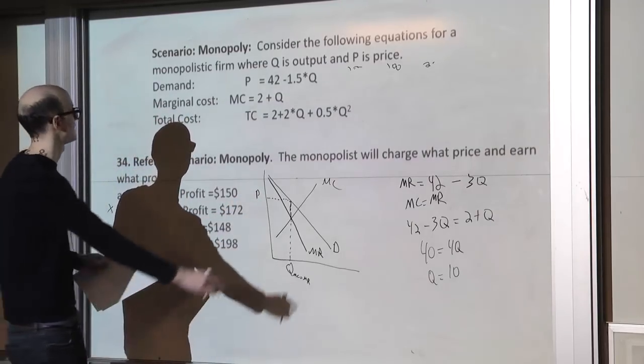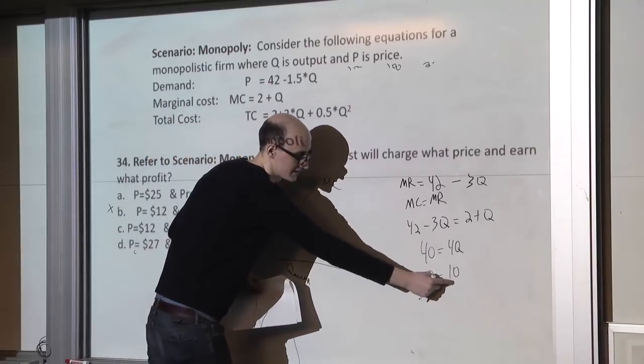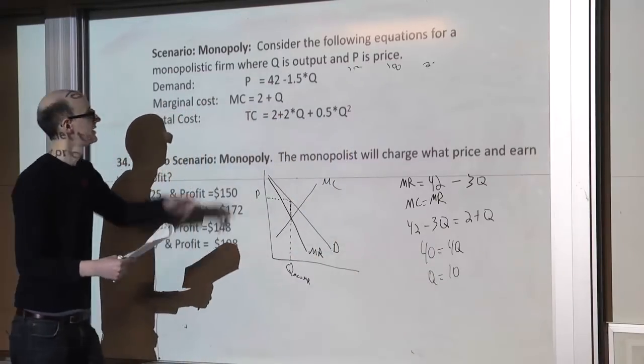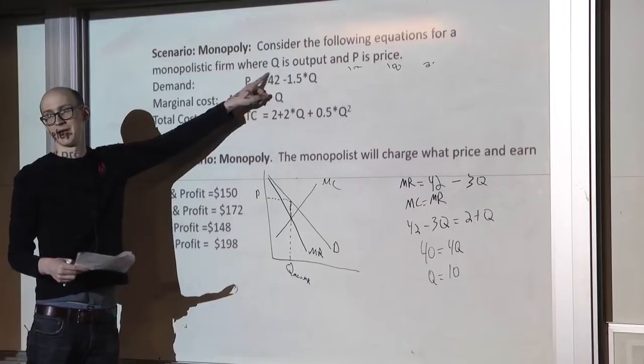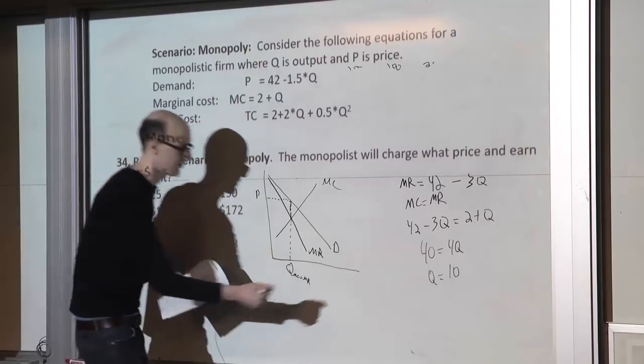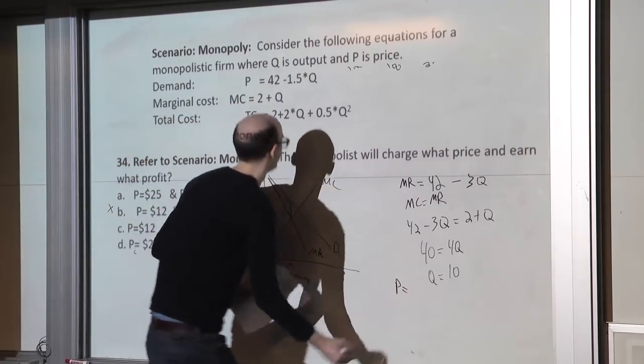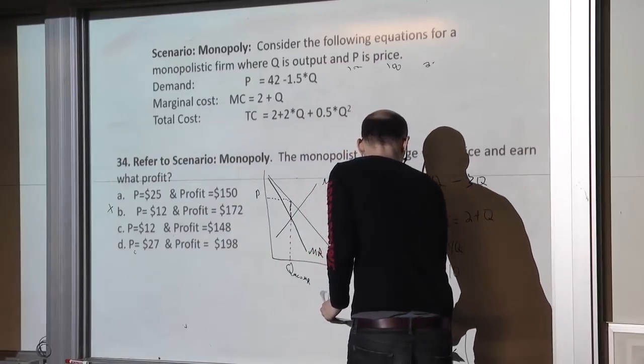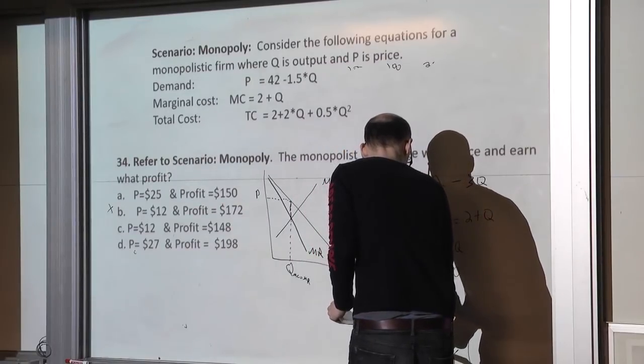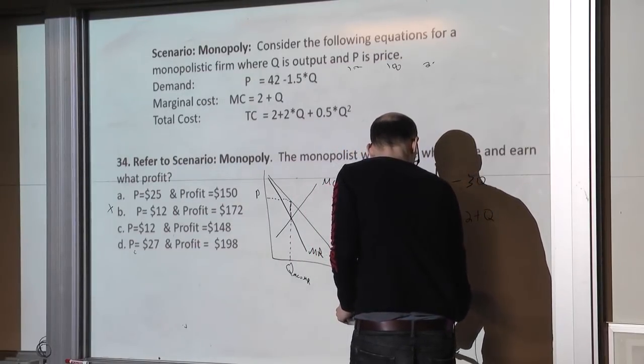To get that price, we just need to plug this optimal quantity back into the demand curve. So we get P equals 42 minus 1.5 times 10.